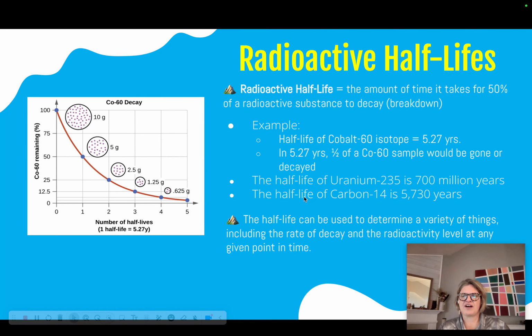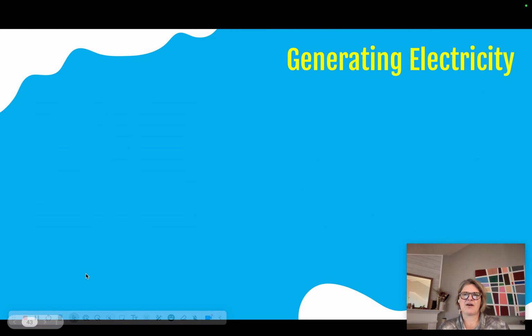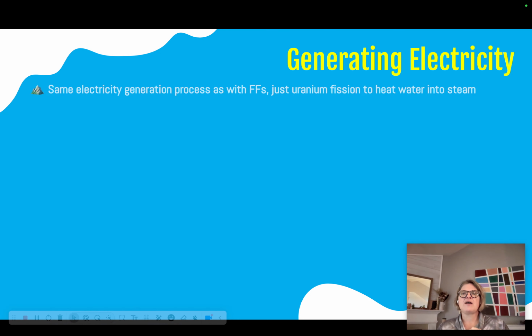The half-life of carbon 14 is 5,730 years. Half-life can be used to determine a variety of things, including the rate of decay, so how long it is taking that element to decay, and also what the radioactive level of a substance is at any given point. Just being able to calculate a half-life is important, and we'll talk about that more when we talk about calculations.